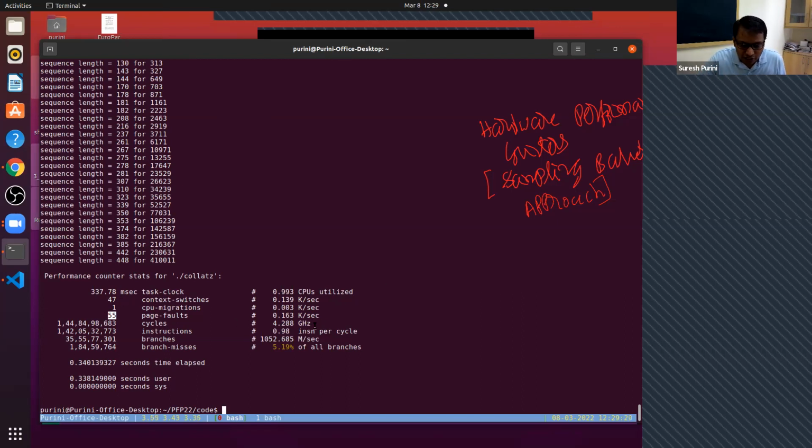And the instructions executed per cycle is 0.98. So that means your program doesn't have good instruction level parallelism also. Typically, we would like to have at least greater than one instruction per cycle, but here we are executing at 0.98 instructions per cycle. There is one more thing I am a bit surprised by.